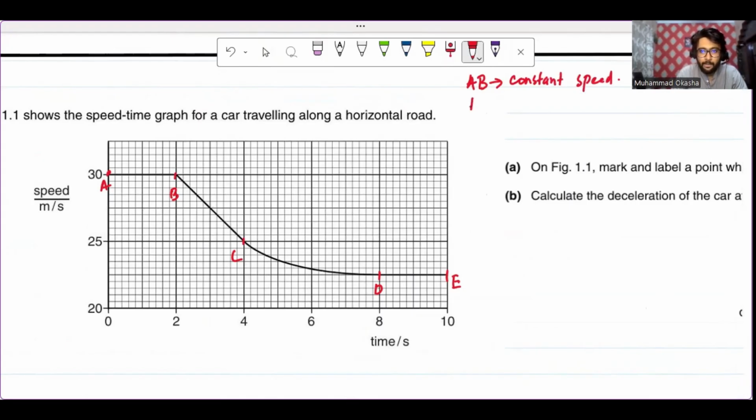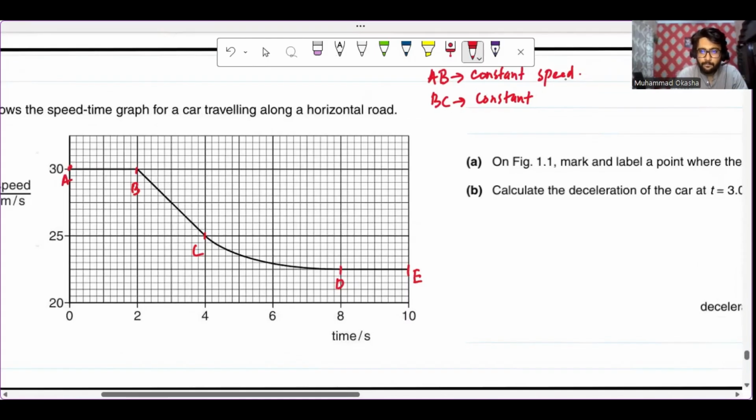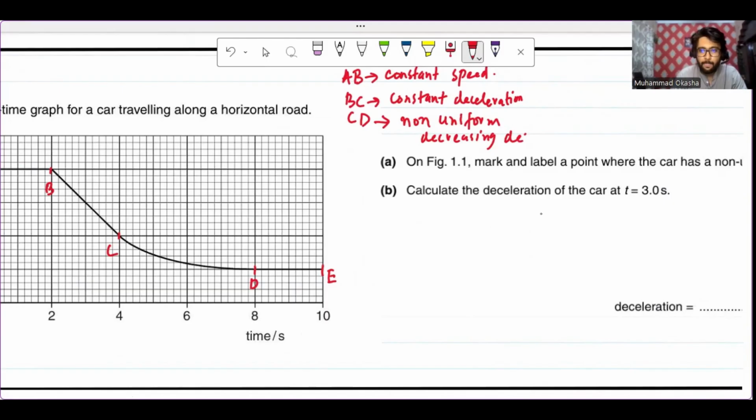Between B and C, it has constant deceleration. Between C and D, the graph has non-uniform deceleration, and that is a decreasing one. Non-uniform decreasing deceleration. And of course, D to E is when it is at rest.